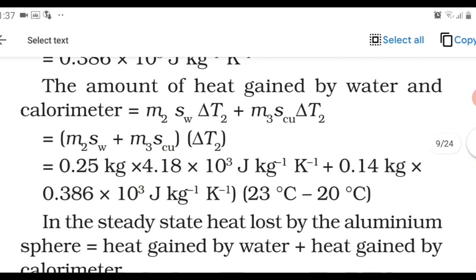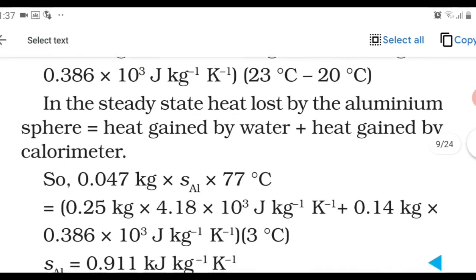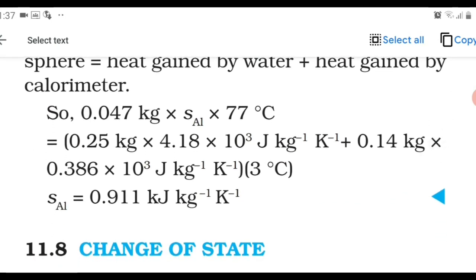Now, delta T2 is common, we can take it outside, and substituting we have 0.25 kilogram into 4.18 into 10 cube plus 0.14 into 0.386 into 10 cube, whole into 3 degrees Celsius. So by using the principle of calorimetry, we have 0.047 kilogram into S_Al into 77 equal to the heat gained by the water and calorimeter.